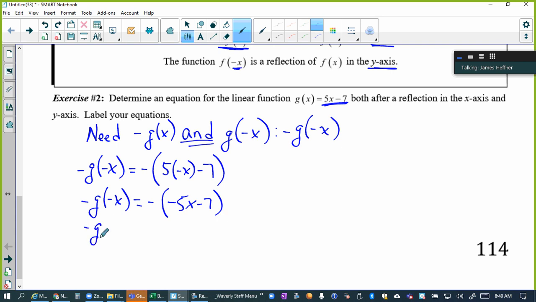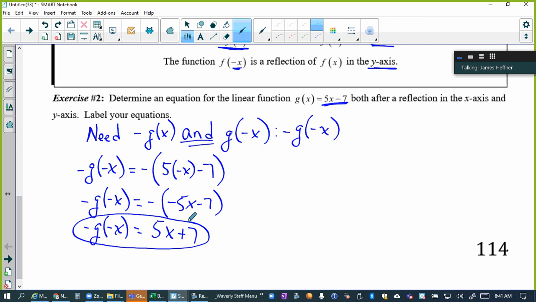So negative g of negative x will equal what? Distribute the negative through. 5x plus 7. And that would be that double reflection, okay? We just handled them both at the same time. Did I lose anybody with that one? We just did both things at one time. All right?